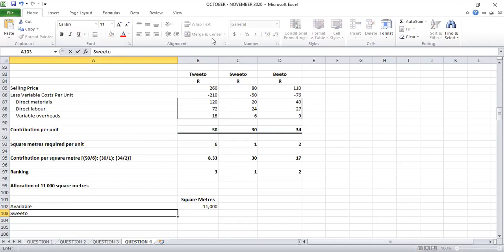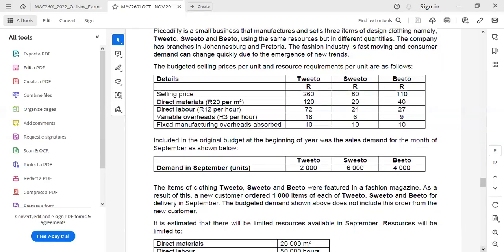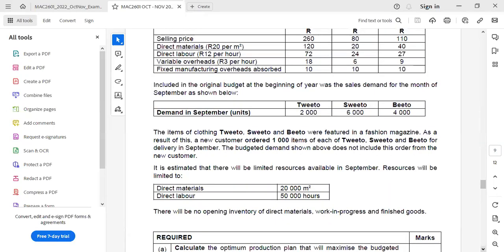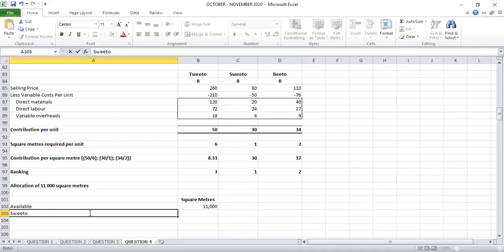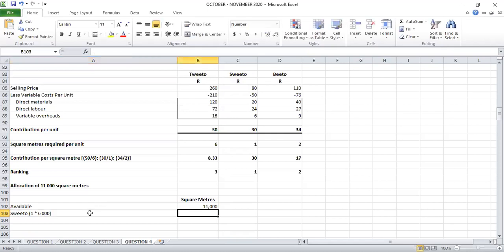And the units of Sweeto, right? Remember that we're no longer considering those 1,000 because we've already allocated the square meters for the 1,000. So Sweeto requires 6,000 units. So we'd allocate to Sweeto 1 times 6,000. It requires 1 per unit. That means 6,000 square meters will be allocated to Sweeto.